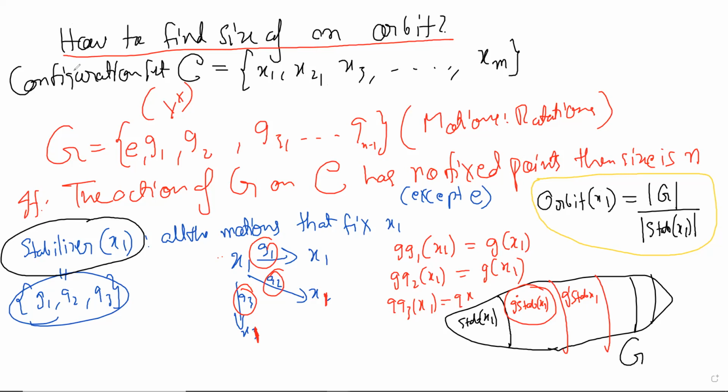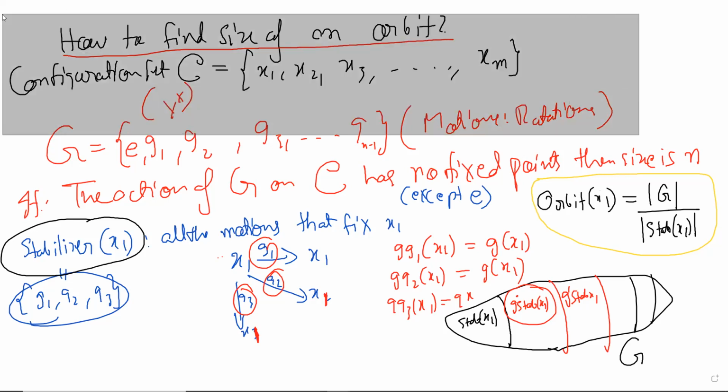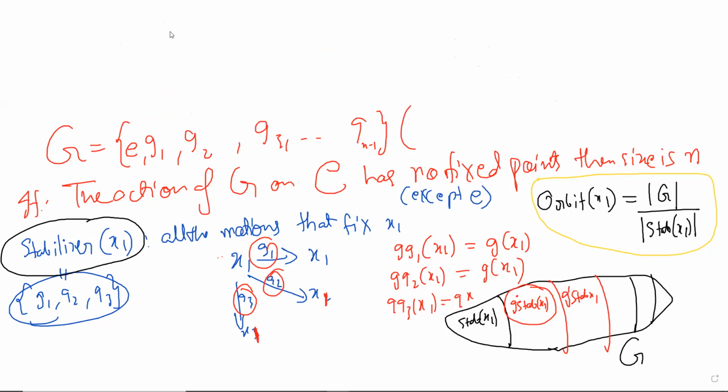If you want to count the number of orbits, maybe I'll just create some space. Now that we know the size of each orbit, let's say we have O1, O2, O3 till OK orbits.